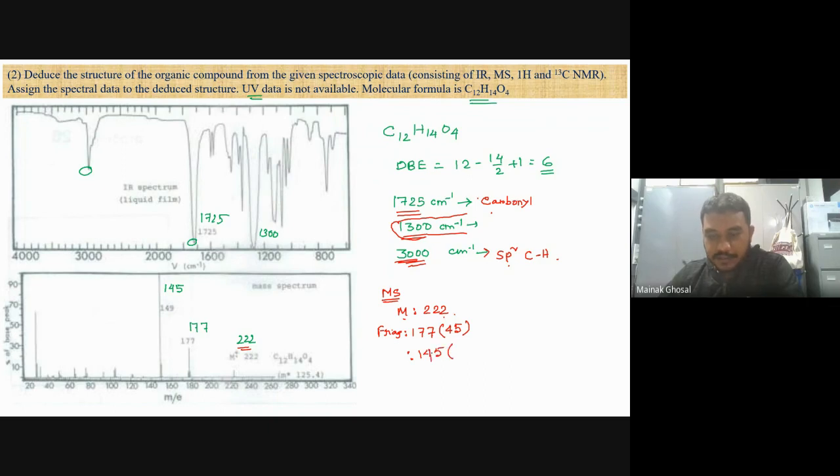So how much is lost from here? 177 minus 149, 28. Okay, sorry, not 145, this is 149. So then how much will it be? 28. Yes, now it is okay.